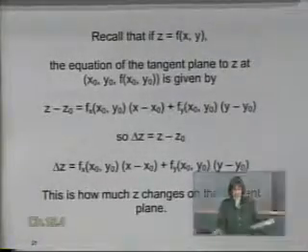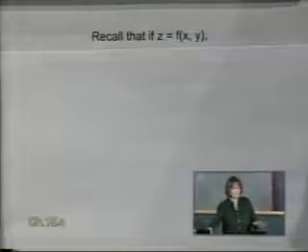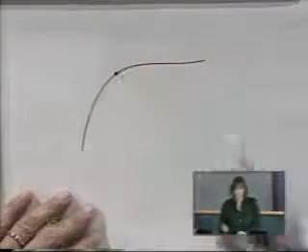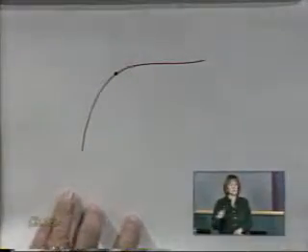All right, now, before we even start all this stuff, let's go back to Calculus 1 for just a second. Do you remember when you had a curve and you picked a particular point on the curve, and you found the equation for the tangent line?